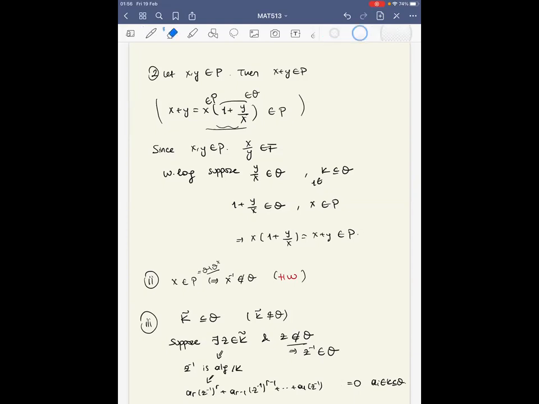Since the coefficients are from K, without loss of generality, we can consider the last term, the constant term, as 1. By rearranging this equation, we take this summation on the right hand side.